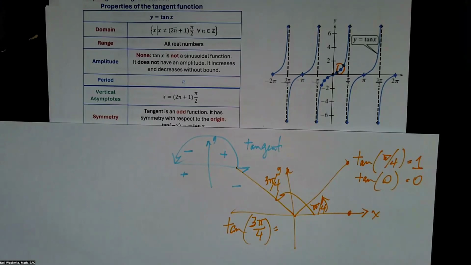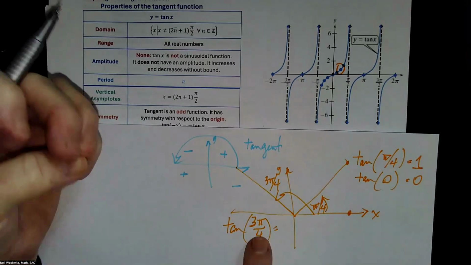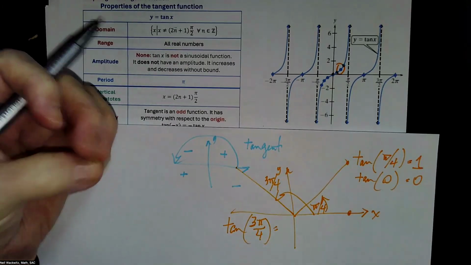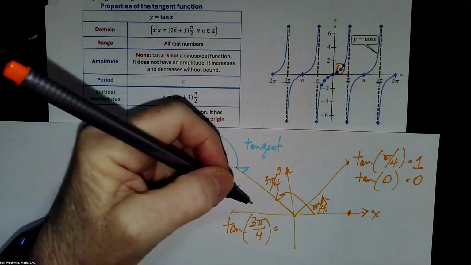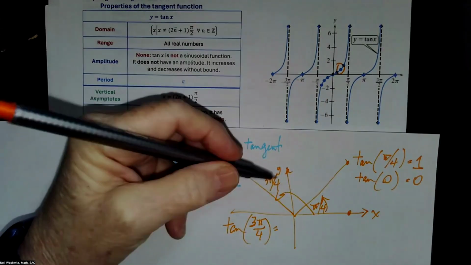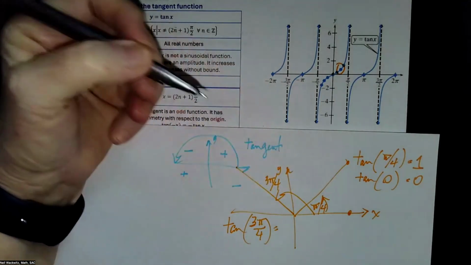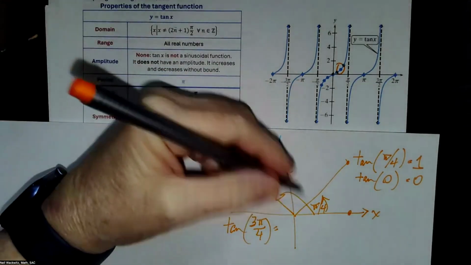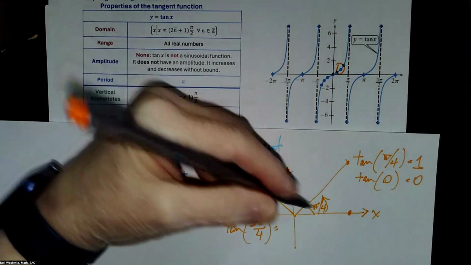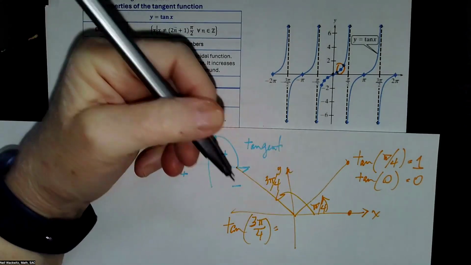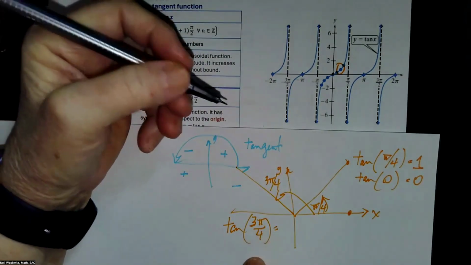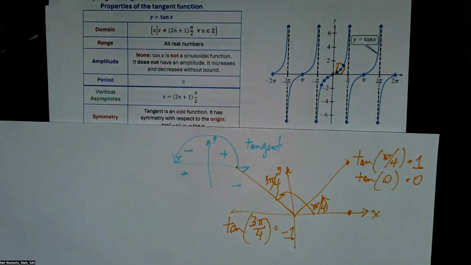Oh, wait. It's midway along in the second quadrant. Oh, 3 pi over 4. Yes, that would be negative 1. Sorry. That's all right. Okay.